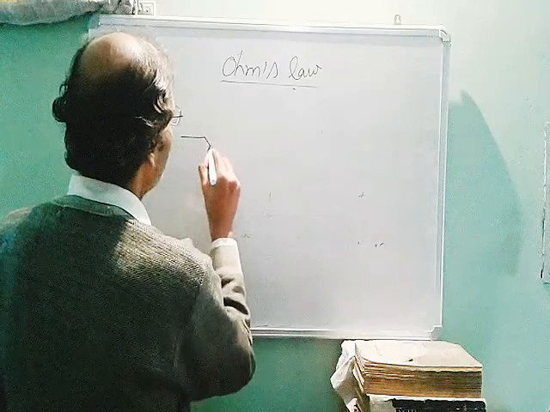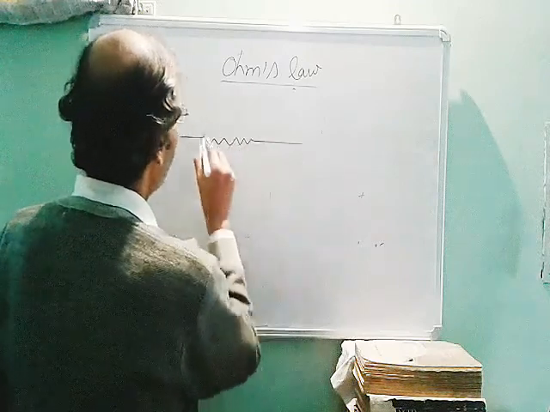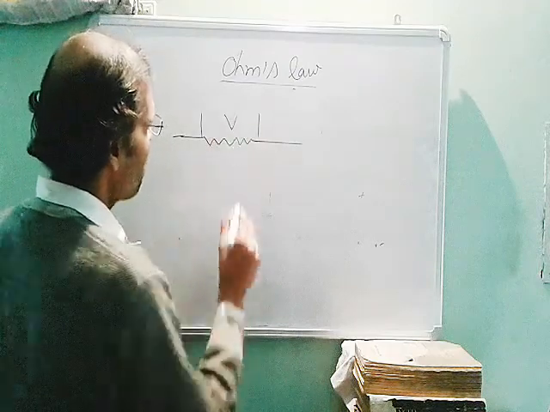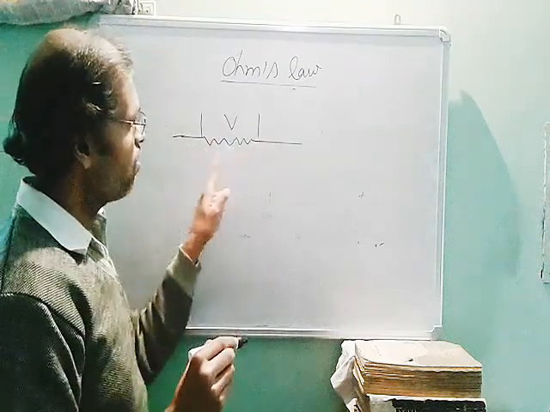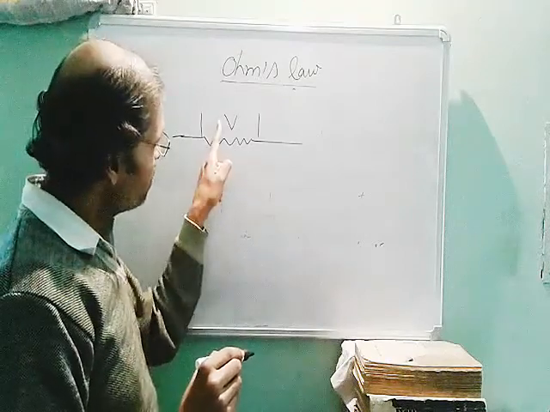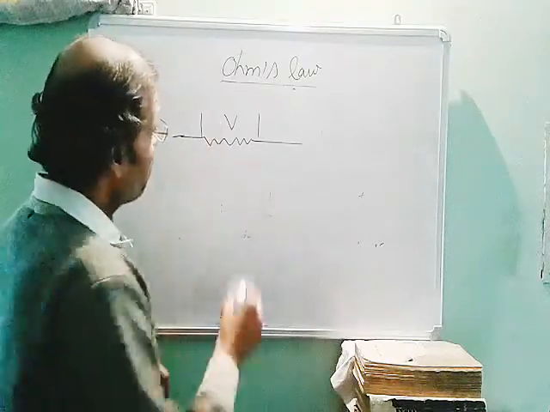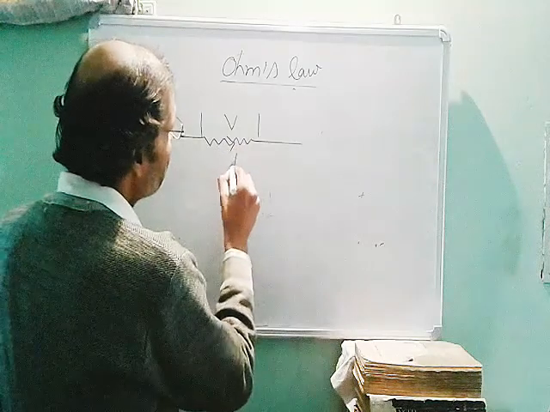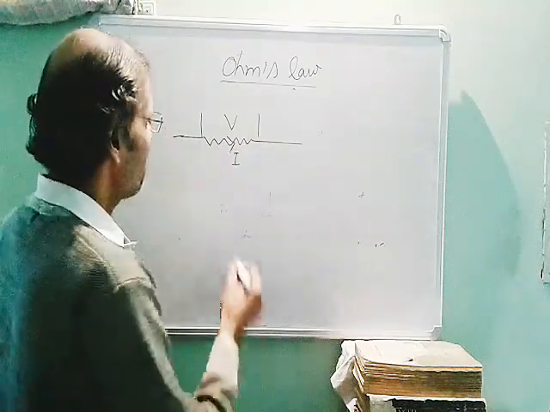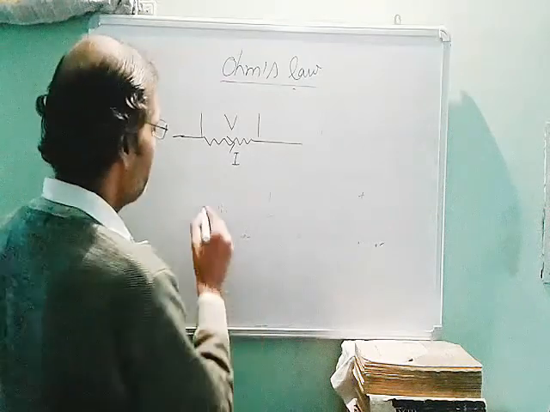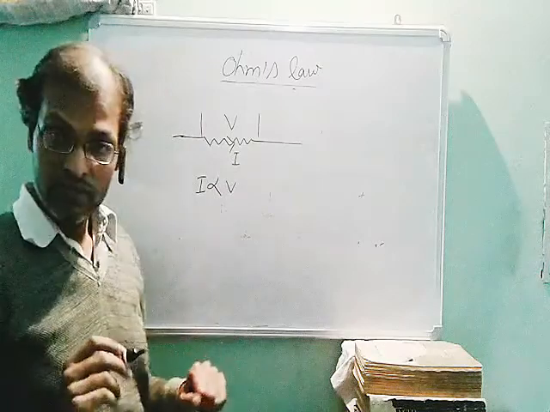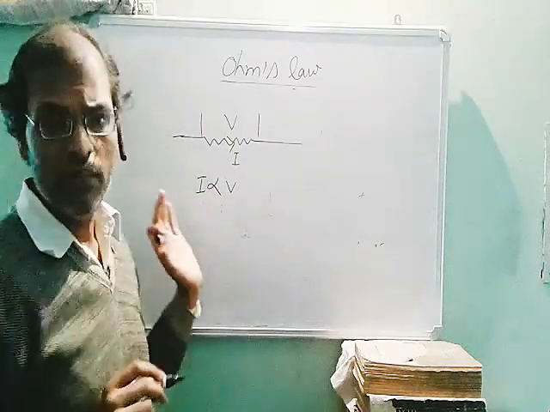Ohm has said that if the potential difference applied across two ends of a metallic conductor is V, and I is the value of current passing through the wire, then the relation between I and V will be I is directly proportional to V. If V is more, I will be more.